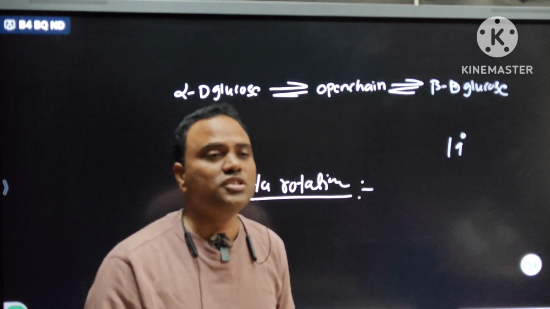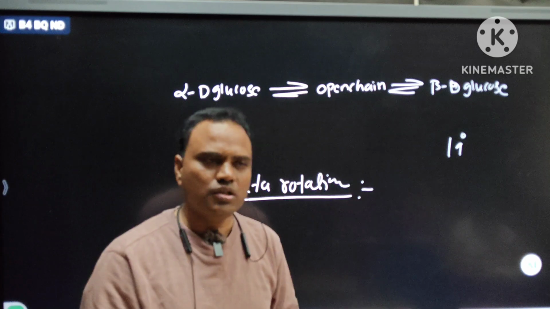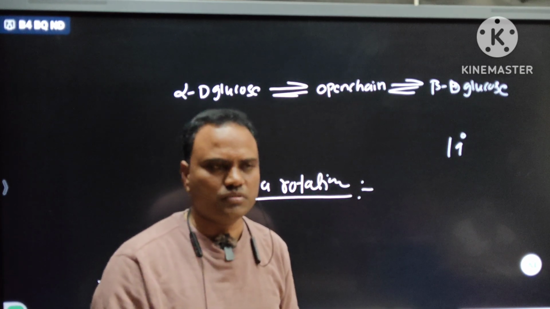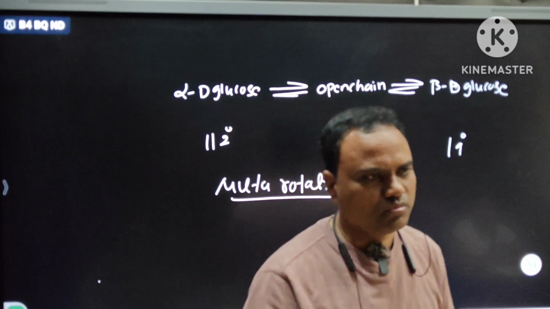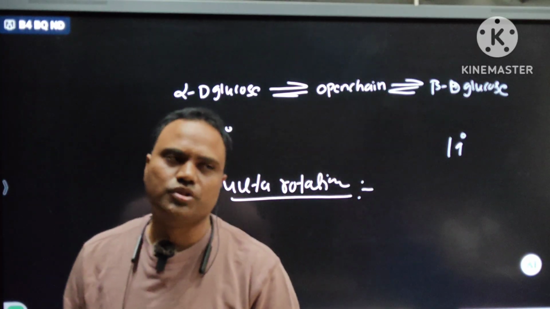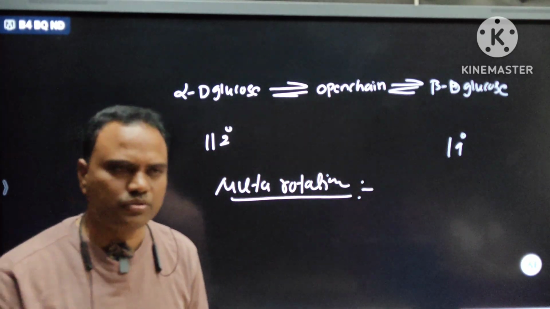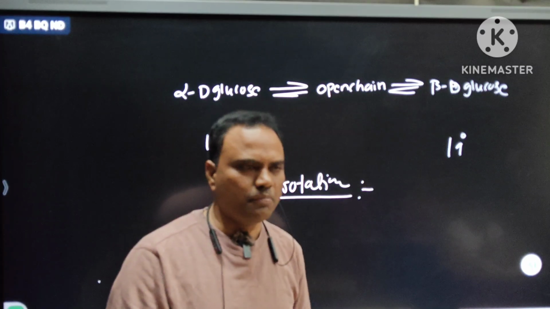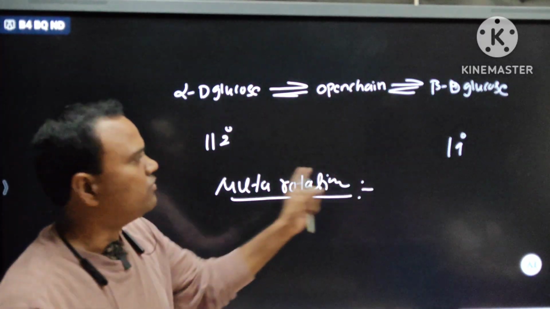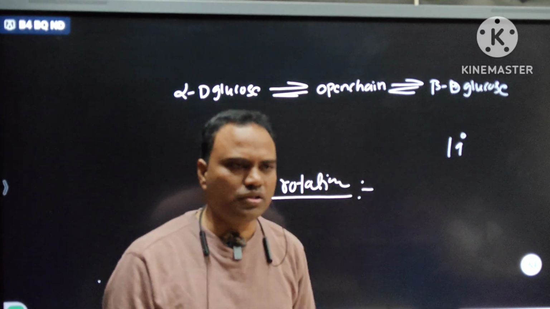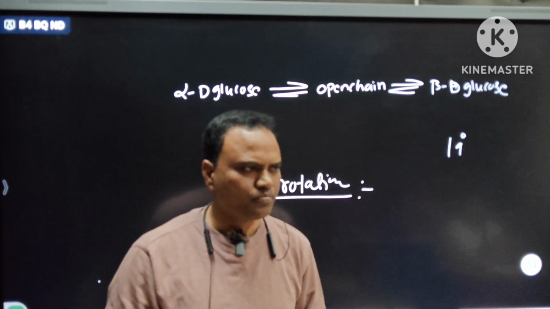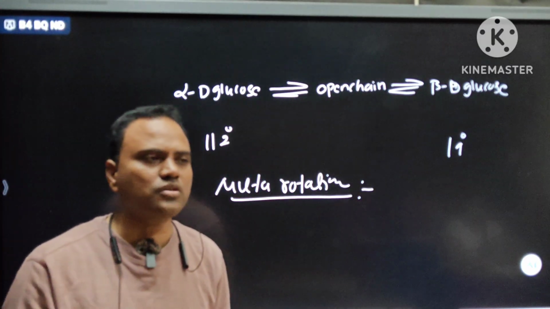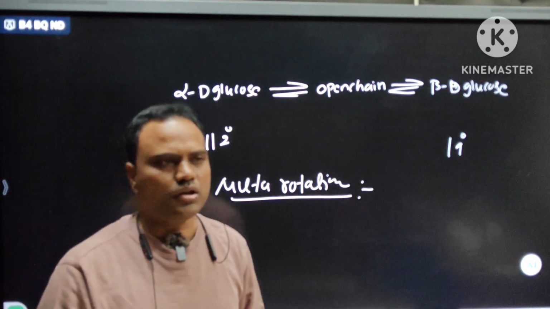That change is called mutarotation. Clear? Mutarotation is shown by reducing sugars only, not by non-reducing sugars. Remember the mutarotation concept, and the exact values are given in the PDF. Did you get the definition of mutarotation? The change in the specific rotation of a compound is called mutarotation.